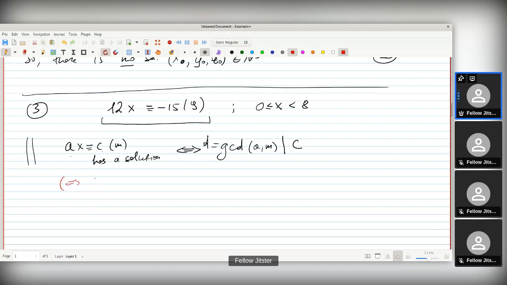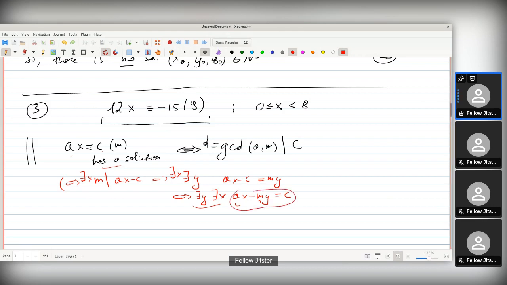Because this congruence says that m divides this difference. Or equivalently, for some y, ax minus c equals my. Or equivalently, ax minus my equals c. So there exists x and y if and only if this equation has a solution.